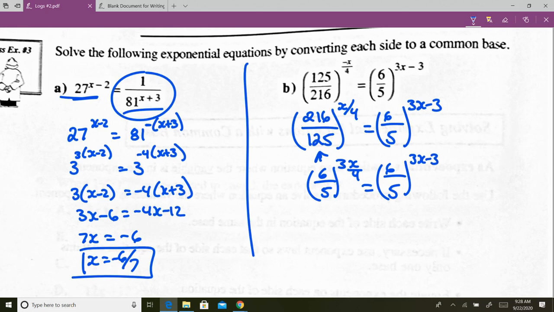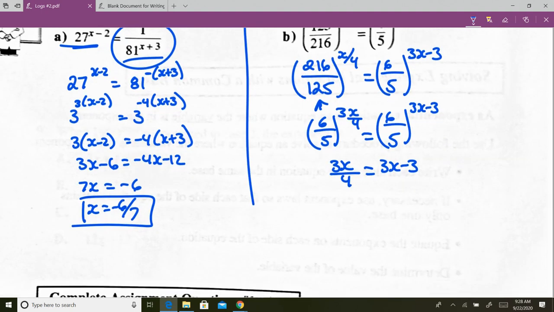Bases are the same. What do? Exponents. 3x over 4, 3x plus 3. And then you algebra it, multiply the 4 up.